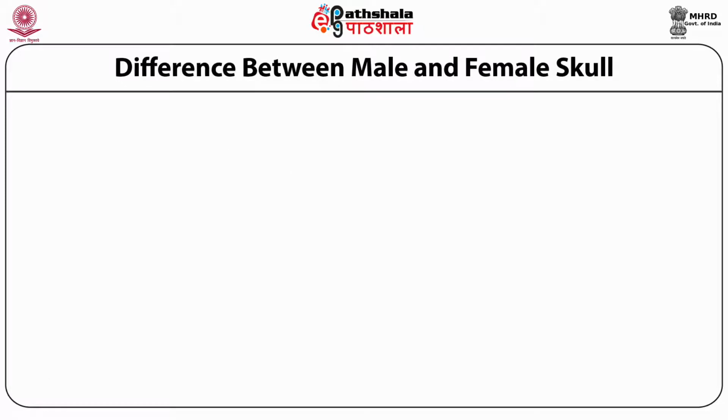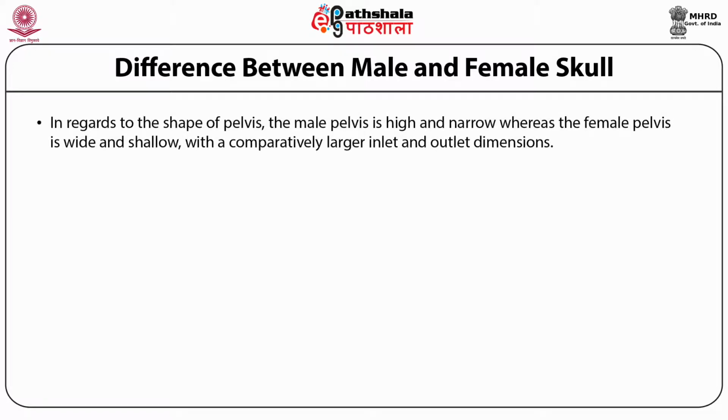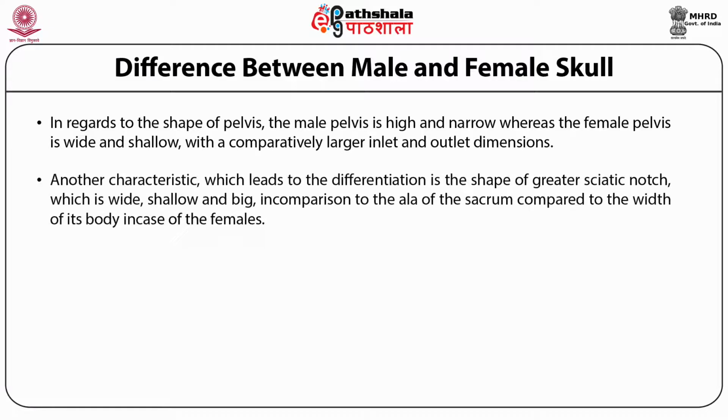Now you will be studying the difference between male and female pelvis. In regards to the shape of the pelvis, the male pelvis is high and narrow, whereas the female pelvis is wide and shallow, with comparatively larger inlet and outlet dimensions. Another characteristic which leads to the differentiation is the shape of the greater sciatic notch, which is wide, shallow, and big in females, along with the ala of the sacrum being large compared to the width of its body.